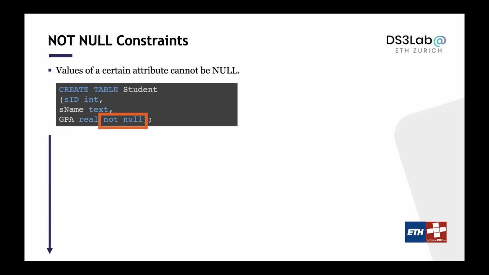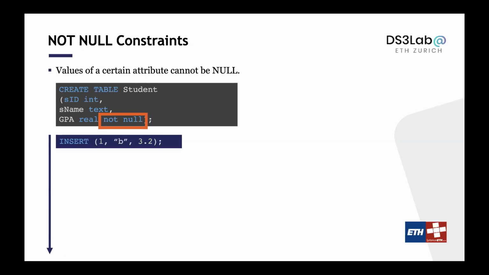Okay, so now let's look at an example. Assuming we have a database and we run this query to create a relation student, and then we run this query to insert a tuple where the student ID equals 1, student name equals B, and student GPA equals 3.2. Will the database be happy with this?